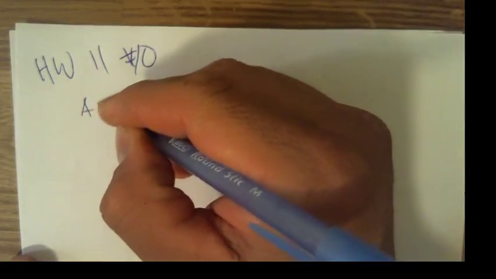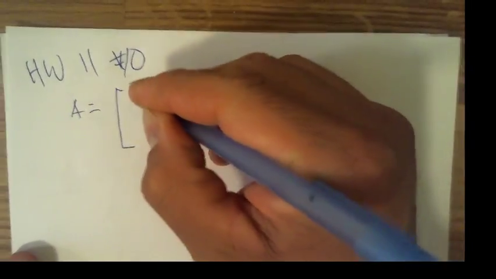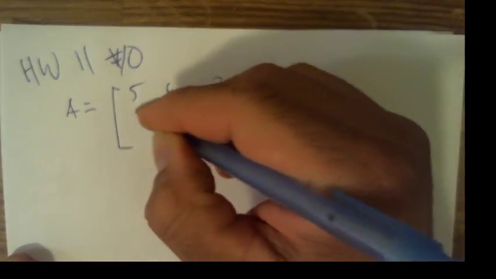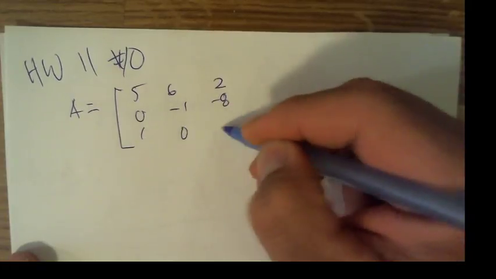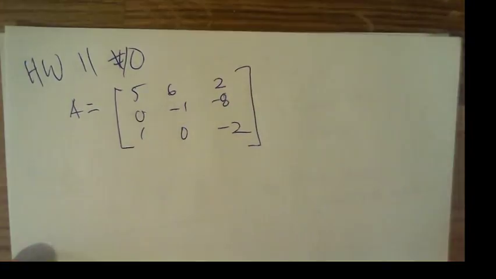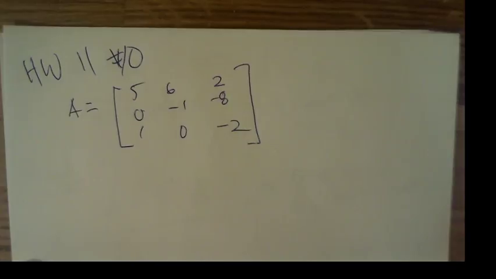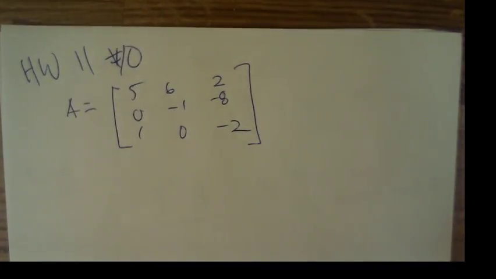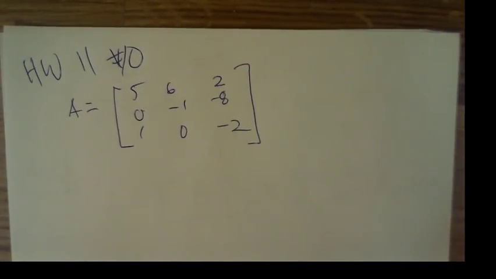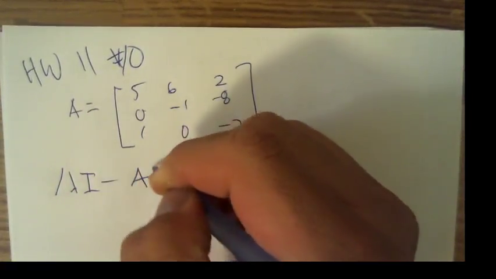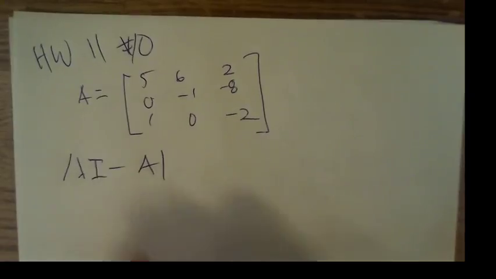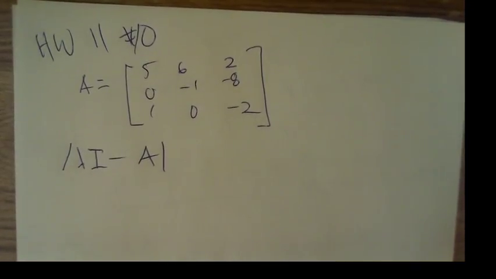Okay, so we're given a matrix A. All right, and again, we want to find the characteristic equation. So the characteristic equation is the determinant of this operation.